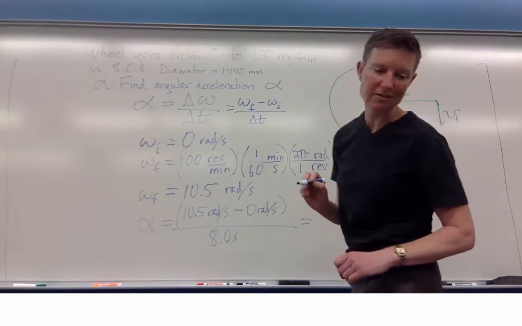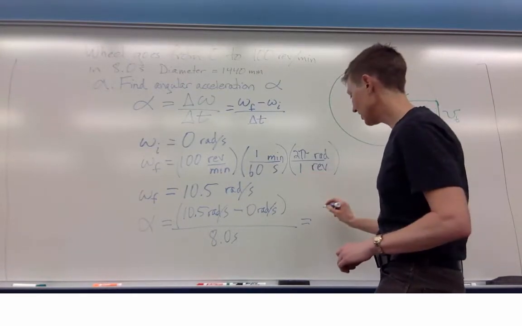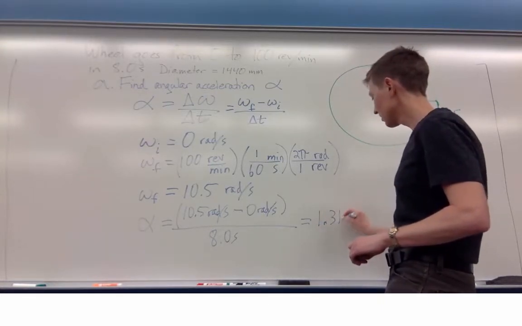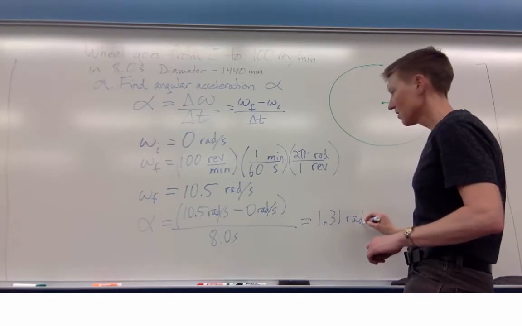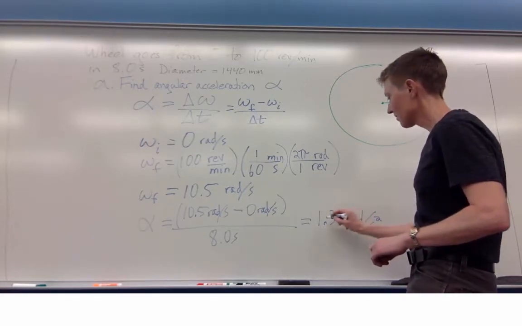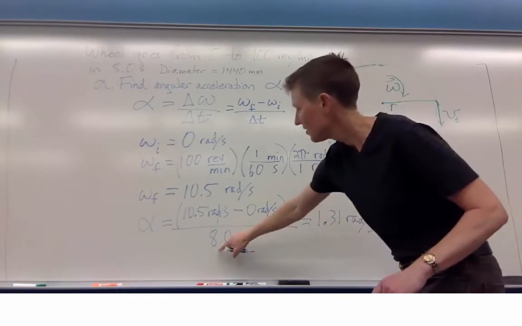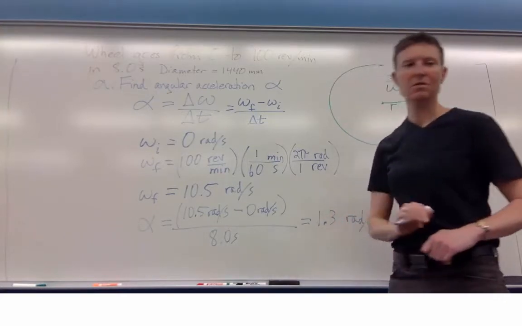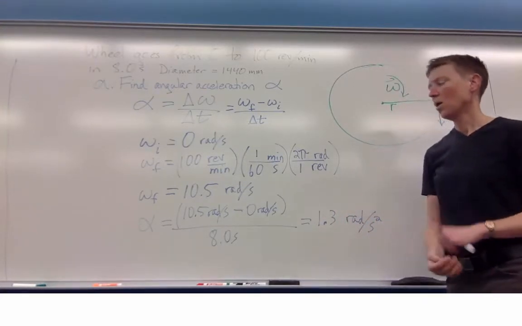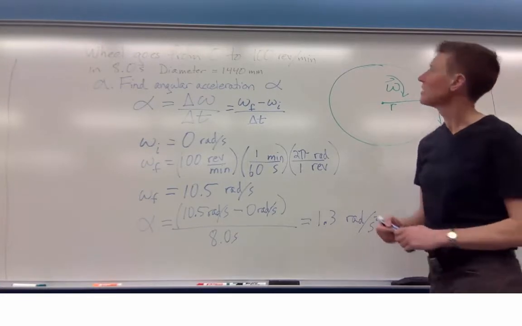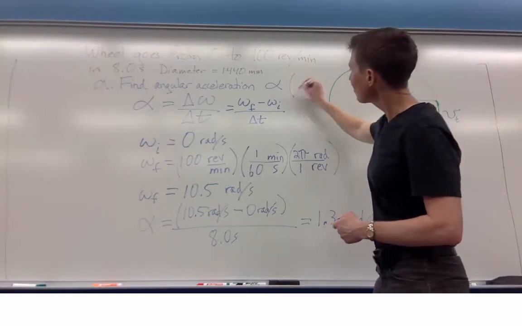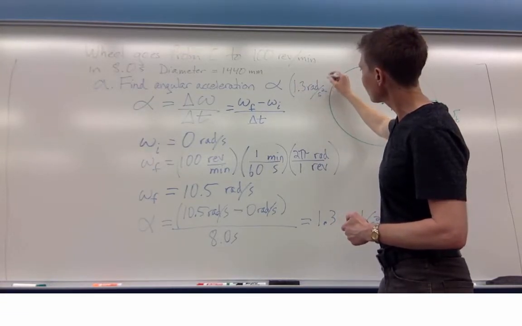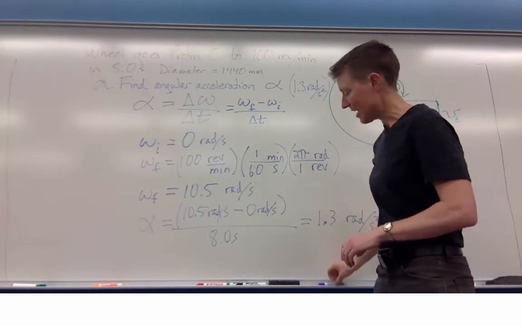And when we multiply and divide those numbers out, we should get 1.31 radians per second squared. And since we have only two significant figures in this number, we'll have to reduce that to just 1.3 radians per second squared. Okay, so that is the angular acceleration. I'm going to write it up here as our answer, 1.3 radians per second squared. Now we're going to move on to the next part of the question.